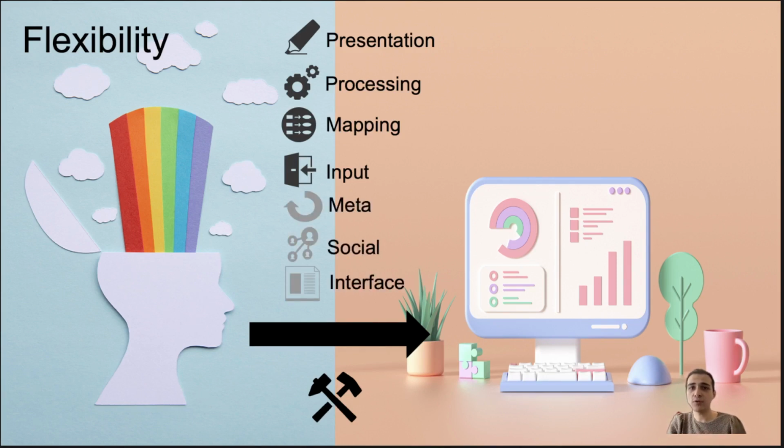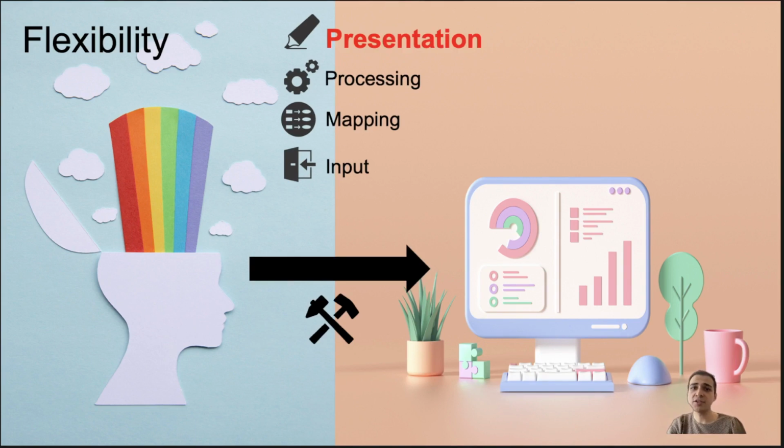Because our focus is on data comprising alternatives, criteria, and preferences, we used data interactions, which are presentation, processing, mapping, and input. Among them, the presentation interactions allow a decision maker to alter the presentation of decision elements via features such as highlighting, filtering, and zooming.